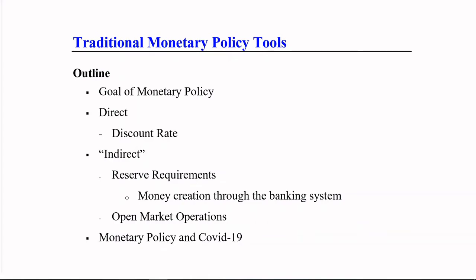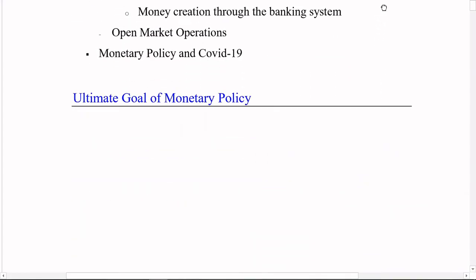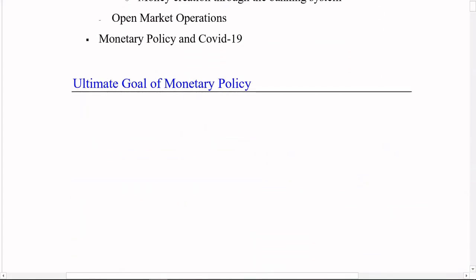Okay, so let's start with the goal of monetary policy. Ultimately, if we start with the idea of GDP, gross domestic product, our kind of simple formulation of that is consumption by households, more or less, plus investment, plus government spending, plus net exports.